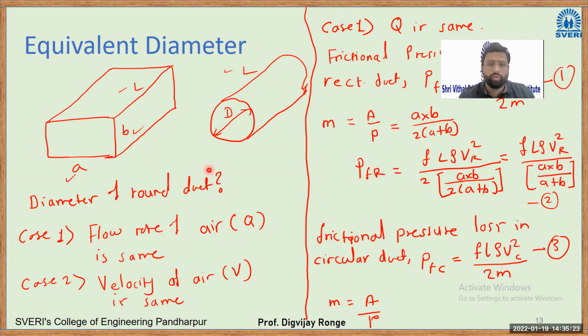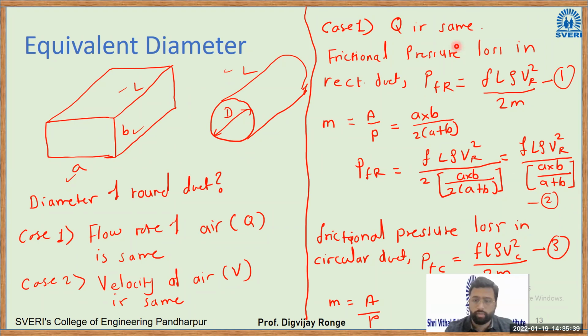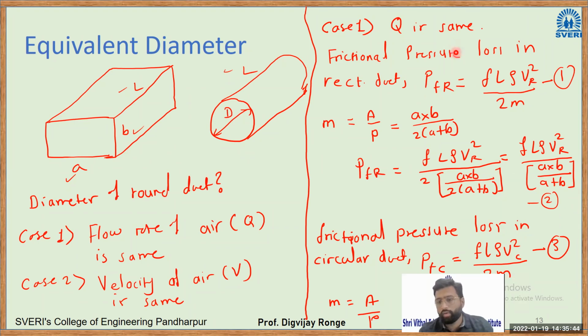Okay. So here we go with the first approach, that is flow rate is constant in the duct. Previously we have known that frictional pressure loss in the duct is f L rho V square by 2m.